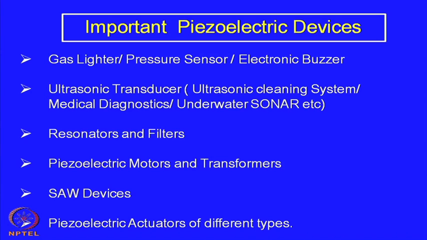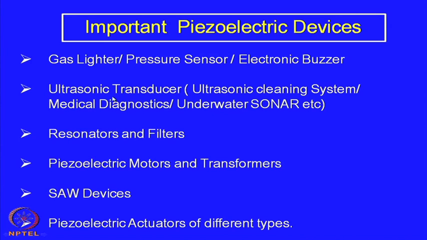So, you generate an ultrasonic wave, get it reflected from the obstacles and then you detect it. By that process one can find out the detection of some obstacles in front of the Navy ships or Navy submarines.